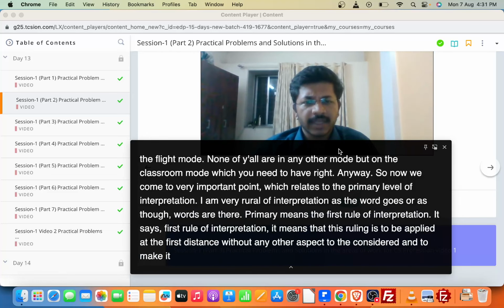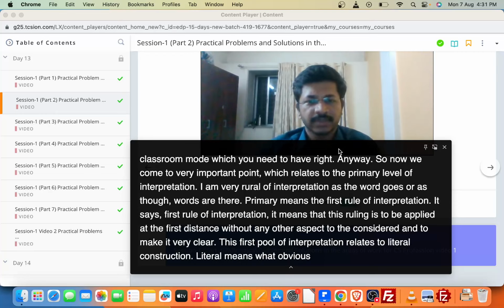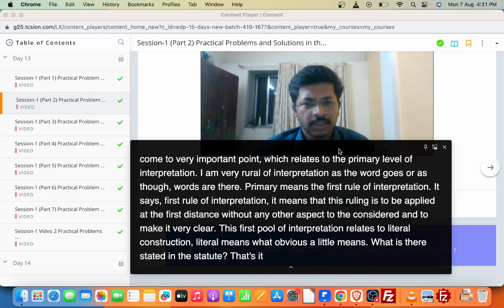And to make it very clear, this first rule of interpretation relates to literal construction. Literal construction. Now, literal means what? Obvious. Or literal means what is there stated in the statute. That's it. There is nothing more than that.